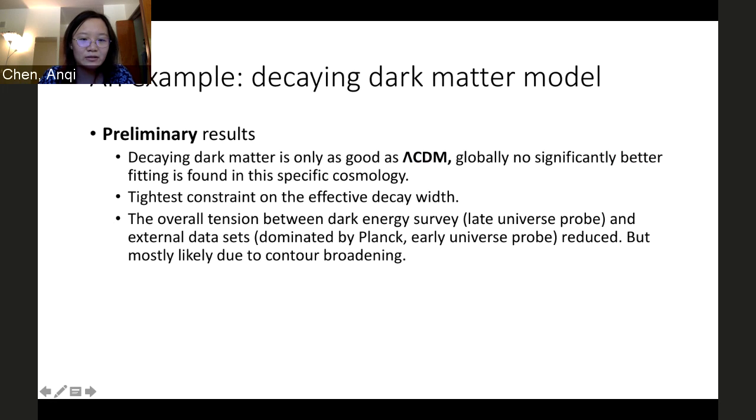We got the tightest constraint on the effective decay width of the decaying dark matter model, and the overall tension between the Dark Energy Survey, which is a late universe probe, and the external datasets, which is dominated by CMB from Planck, reduced. But that could mostly be due to contour broadening, because, as presented before, we introduced two extra free parameters, the decay fraction and decay rate, in this model.